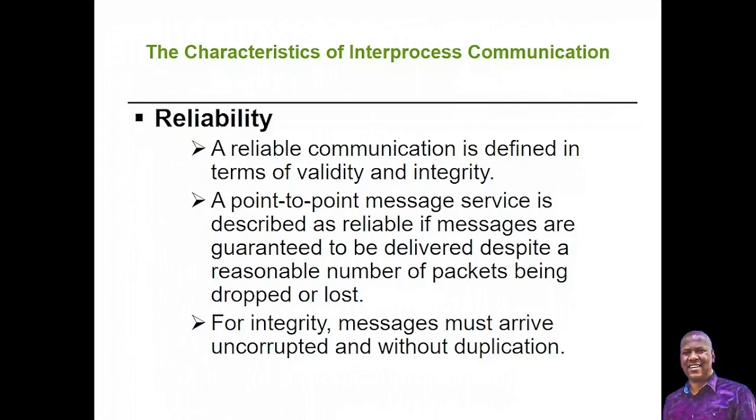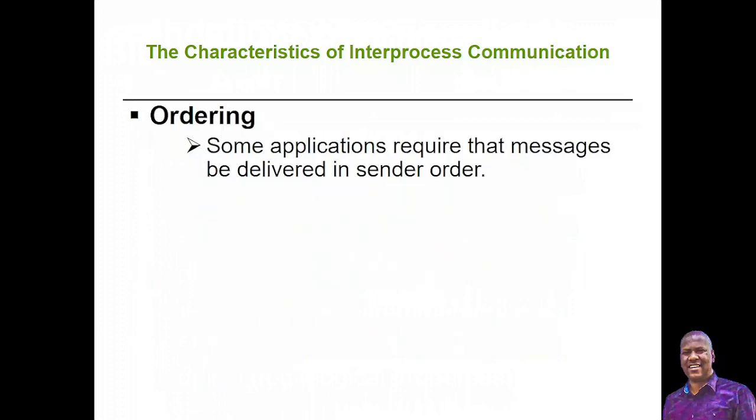And of course, a point-to-point message service can be described as reliable only if the messages that are transmitted are guaranteed to be delivered despite some number of challenges that I've mentioned, like delay, latency, a packet being dropped on the way, and so on.